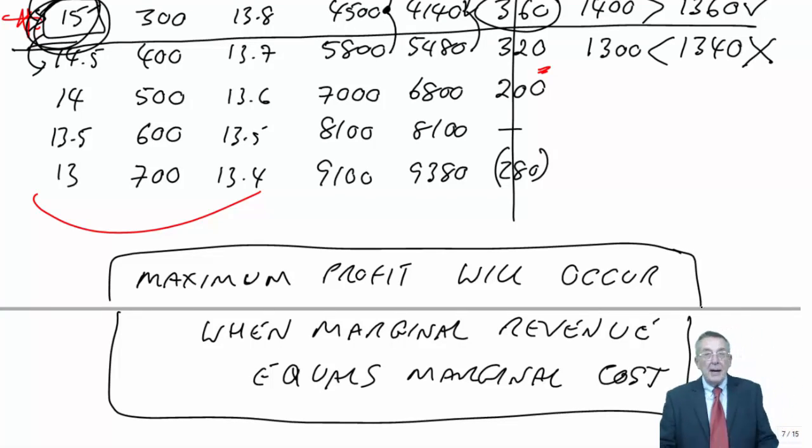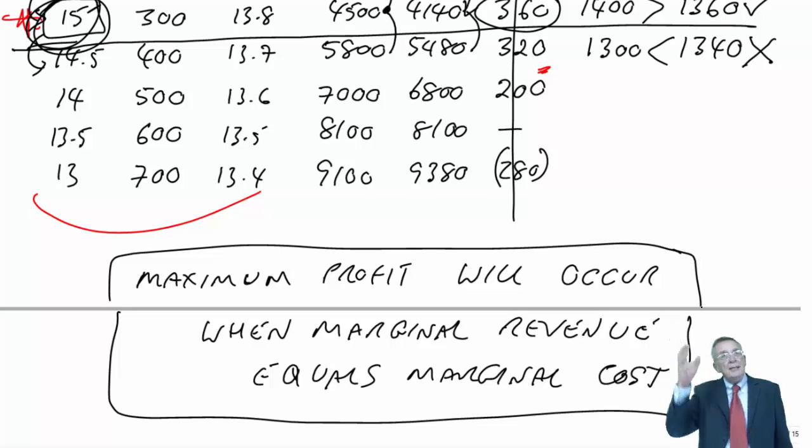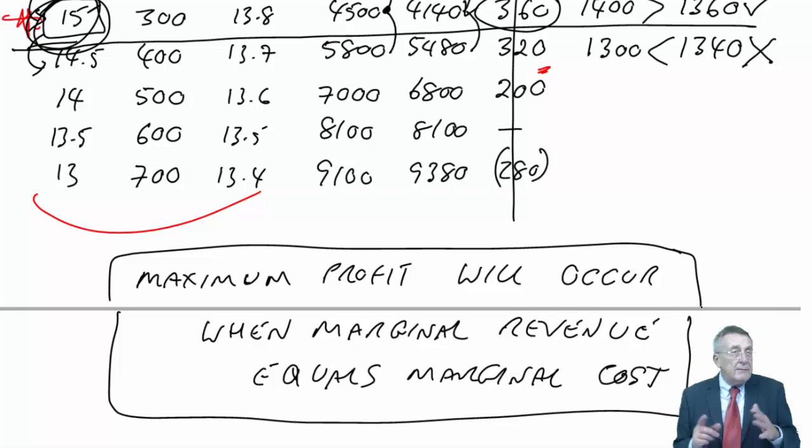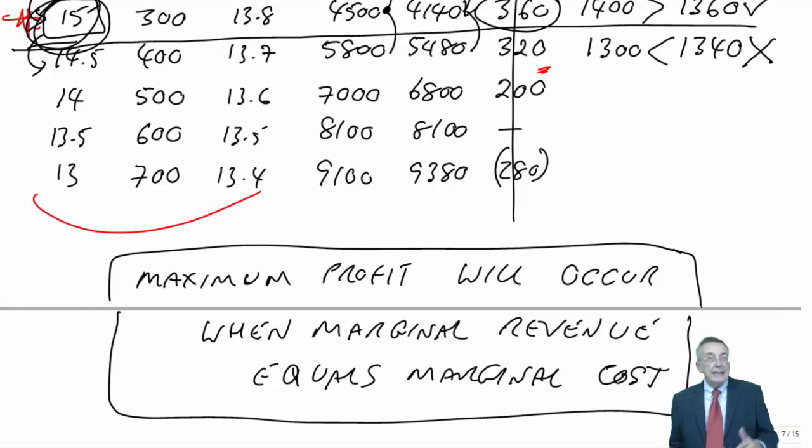If marginal revenue is more than my marginal cost, even if it's only by a cent, it's giving you more profit. If marginal revenue is less than marginal cost, even if it's only by a cent, it gives you less profit. The maximum will be when those two are equal.